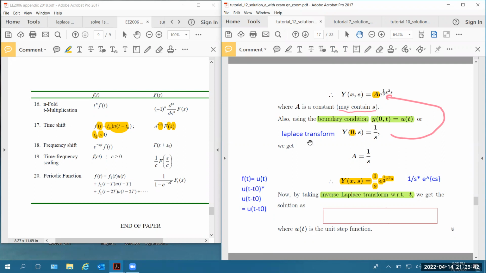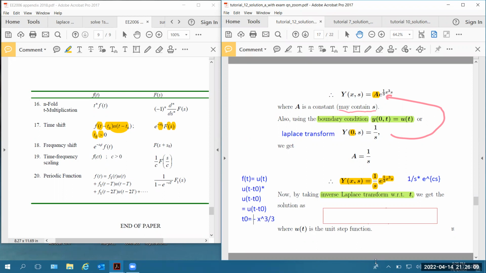Okay, now let me ask you another question. What is our t0 here? Here is e to the power of minus x cubed over 3 times s, right? So can you tell me what is the t0? Yeah, it's a minus x cubed over 3. Can you all see?